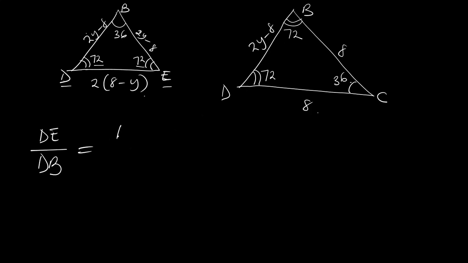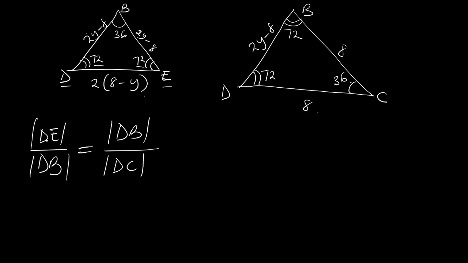So we'll just write DB here. Then the side that is adjacent to 72 and 36 is this, so the same thing. So we have DC.